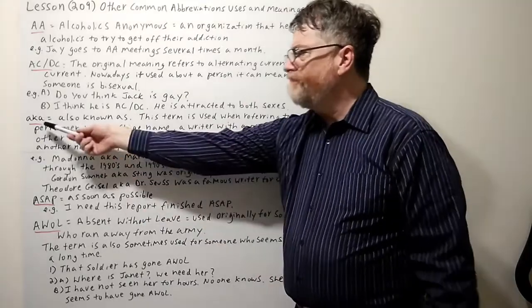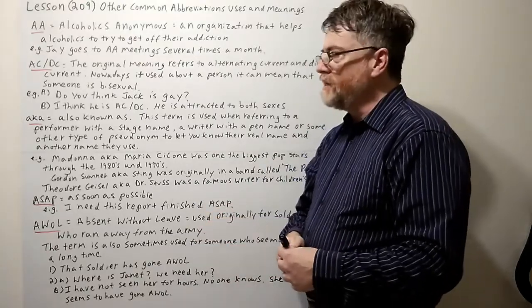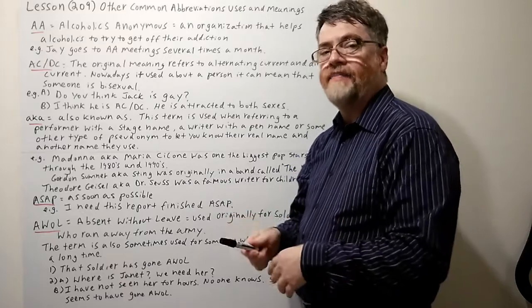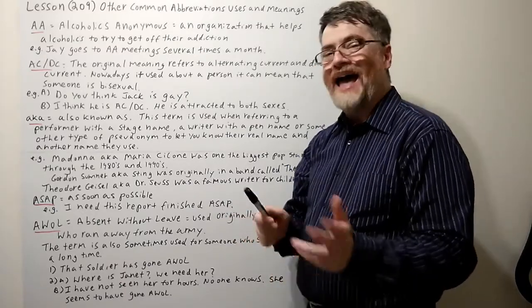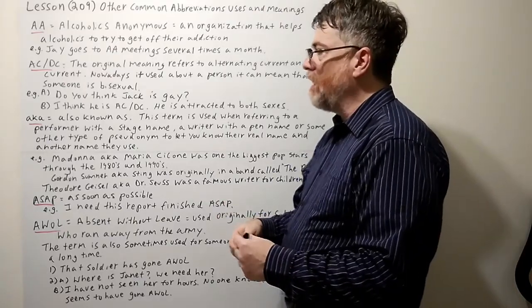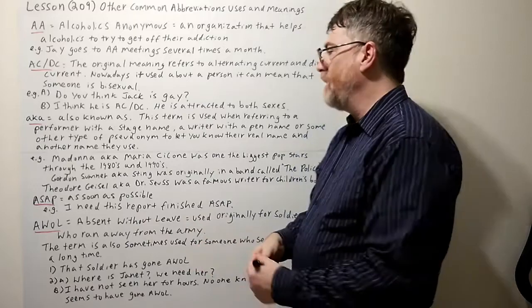Okay, let's look at the next one. Now the next one could be pronounced two ways. Sometimes I hear people just say the letters, A-K-A. Or I've heard it read as AKA. I've looked it up and both seem to be used. Of course, the meaning is also known as, and it comes up a lot.